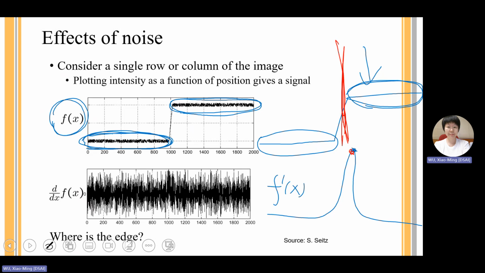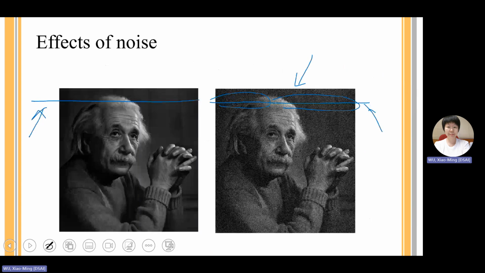Clear? With noise in the function value f(x), when we take the derivative, there are extrema or peaks everywhere, because the noise makes nearby pixels differ. Initially, nearby pixels have very similar values.